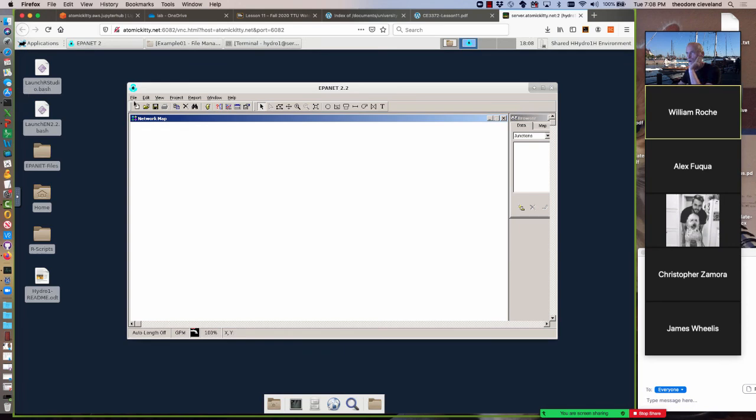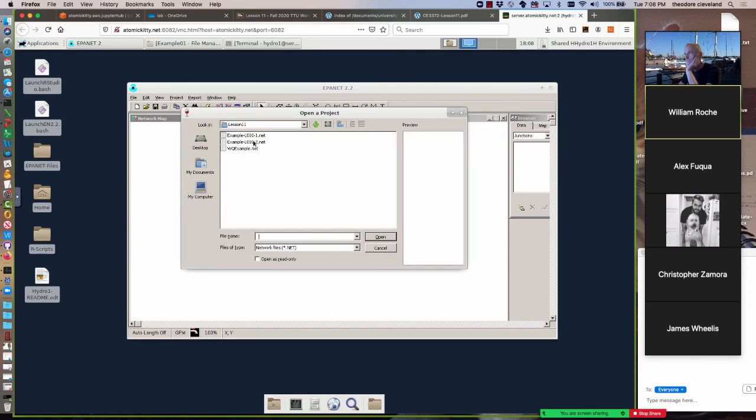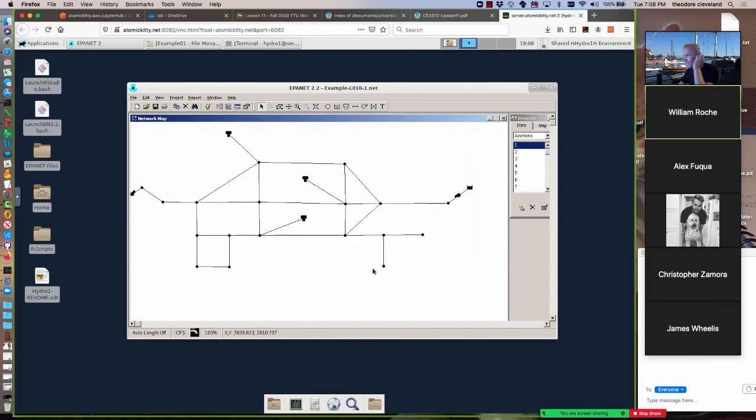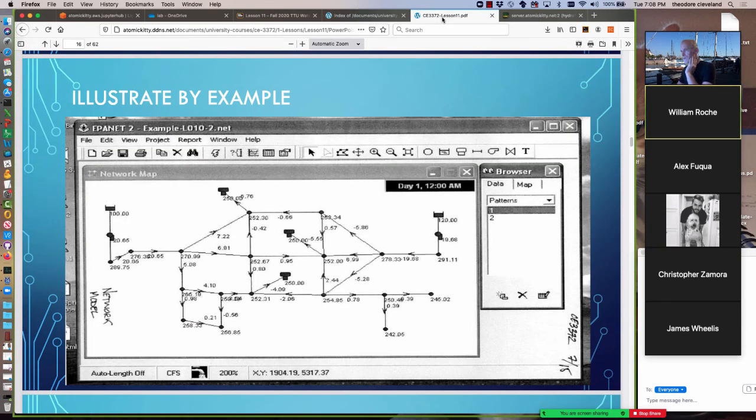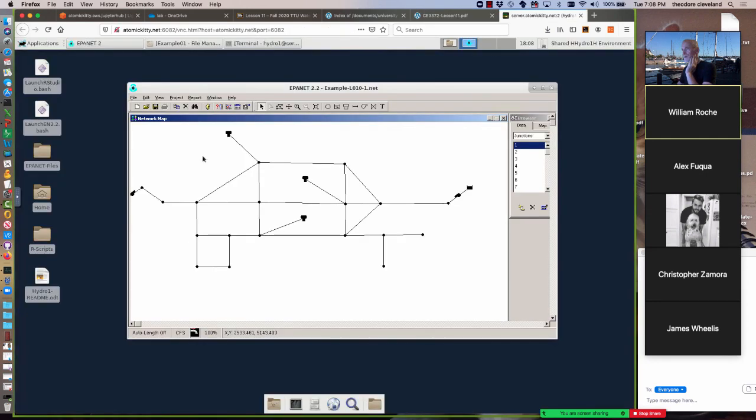And we will now open... okay, so let me look at that picture and compare it to this picture. These are the same networks. So I have the wrong base map loaded. That seems to be the question.